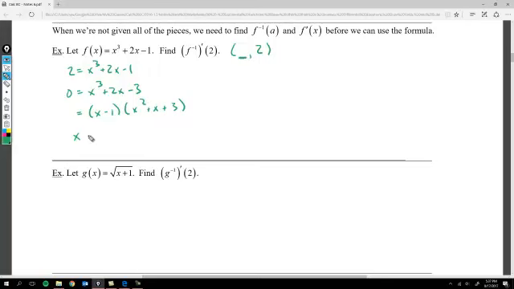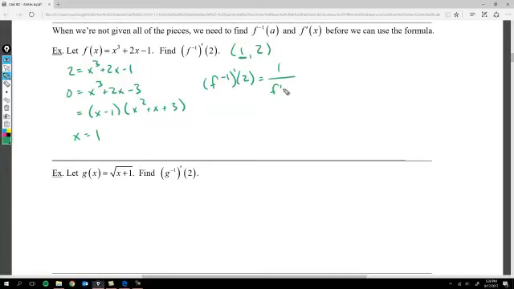And so we end up getting x equals 1. The other factor is always going to be above the x-axis, always positive, so that has no solution. So x equals 1 is the x value that I was looking for. All right, so my point is (1, 2).